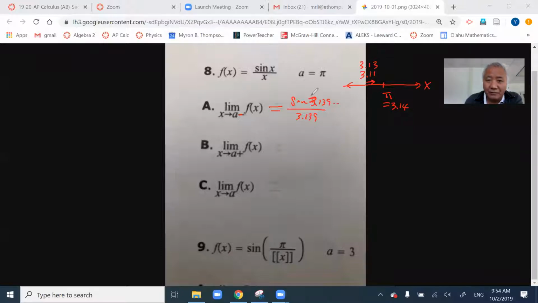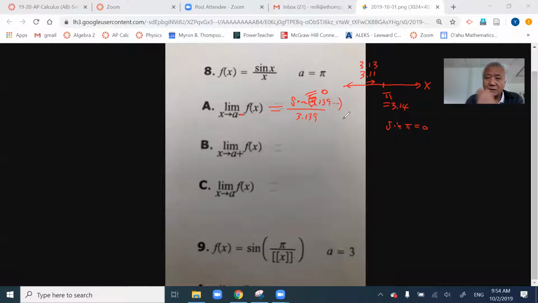And the sine of this, close to pi, will be equal to 0. Sine pi equals 0 in general, because the sine function is continuous. So you can plug pi in here, and it equals 0.